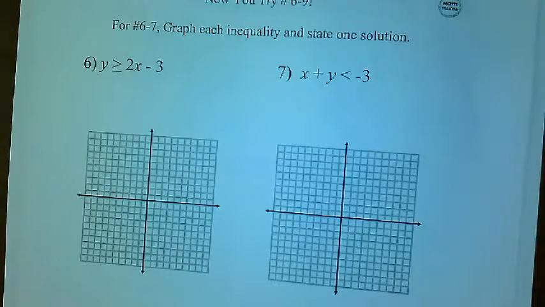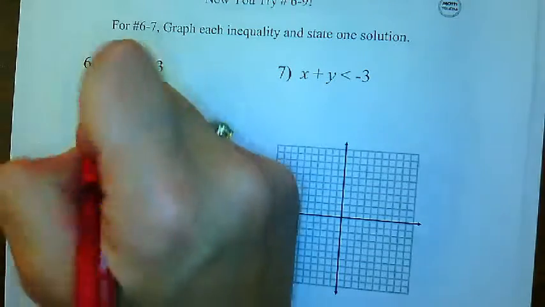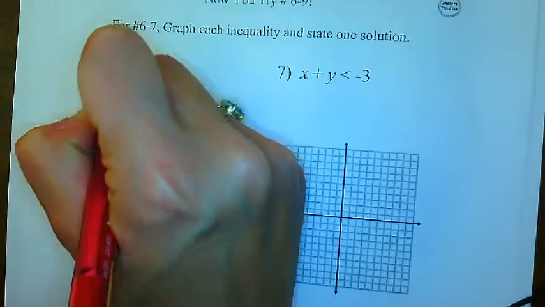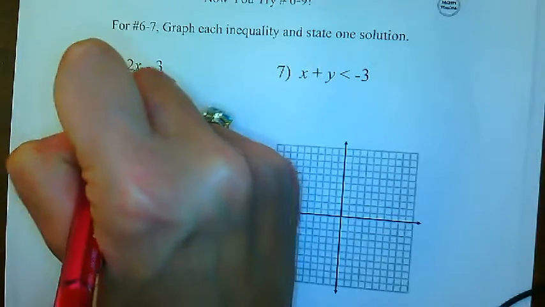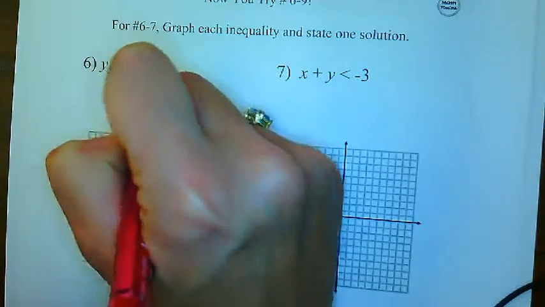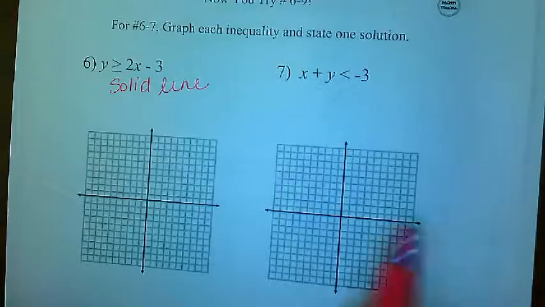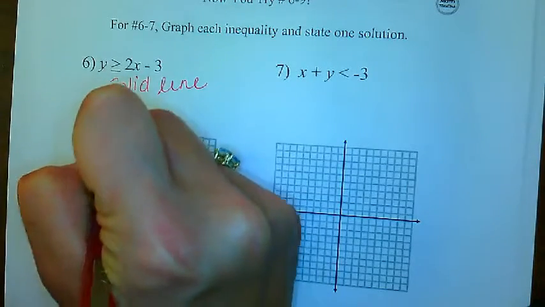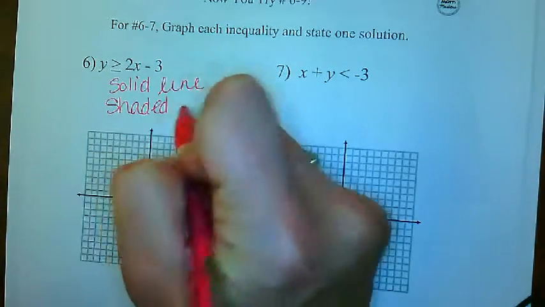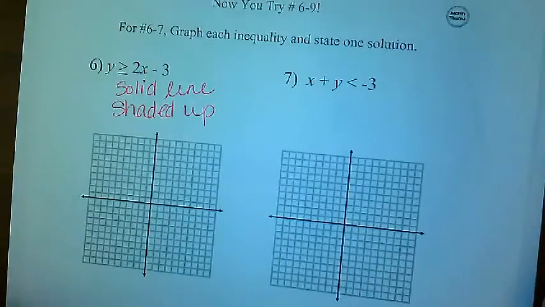All right, number 6, that one is nice and easy. So this is a greater than or equal to, so it's going to be a solid line. And it will be shaded up. Okay?